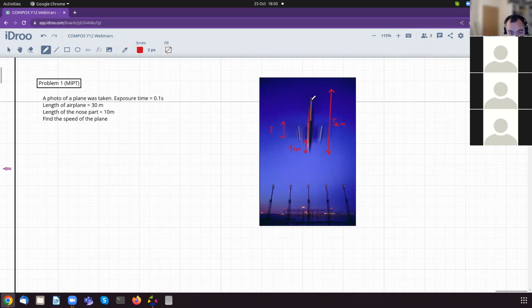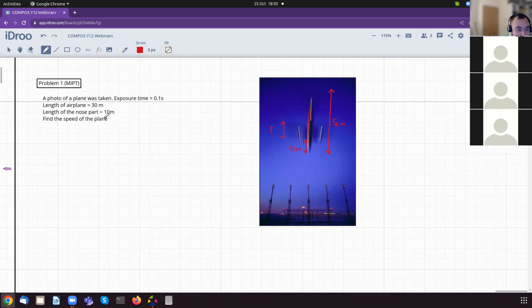Well, we can do a scaled diagram, but let's look at what we're given. Length of a plane. That's something you can look up online. If you take a picture of a plane yourself and you look up the length of the plane, it will tell you it is 30 meters.